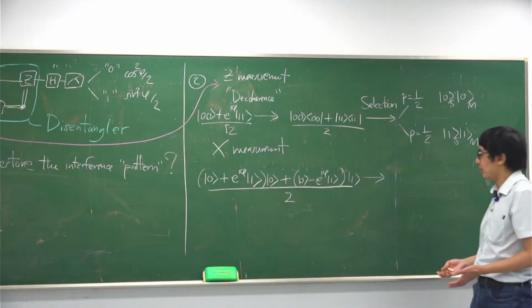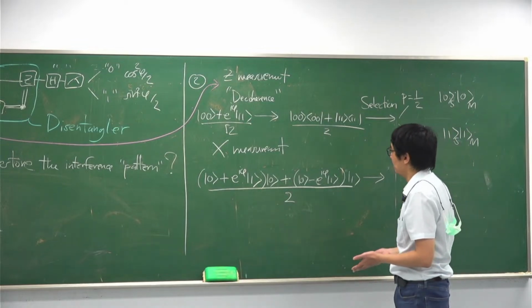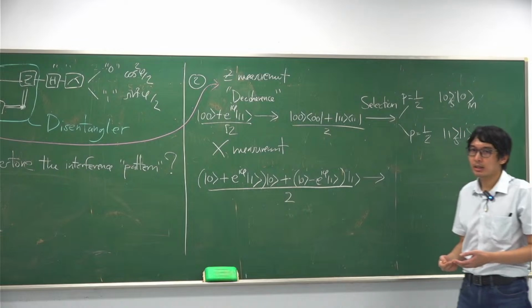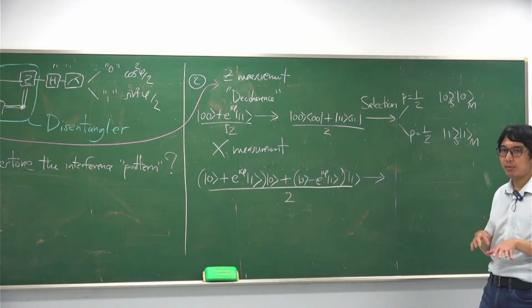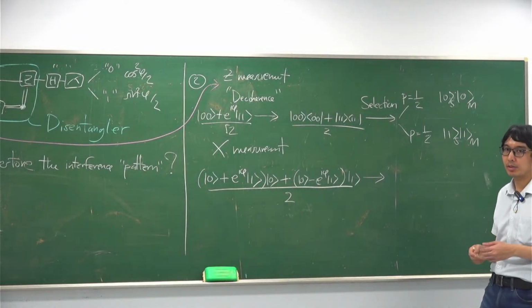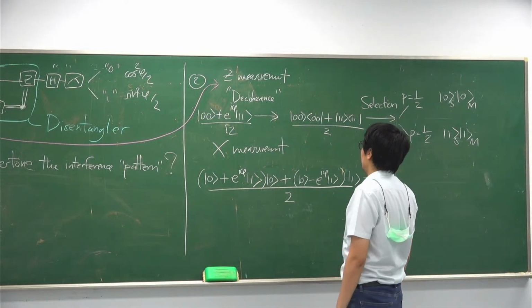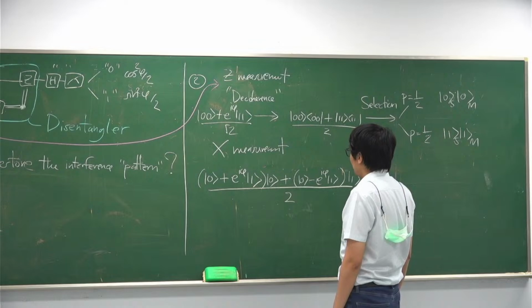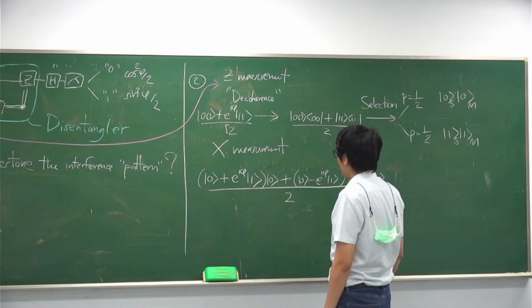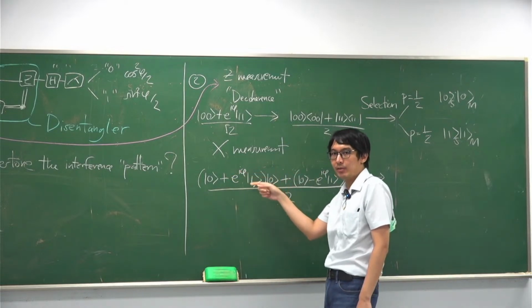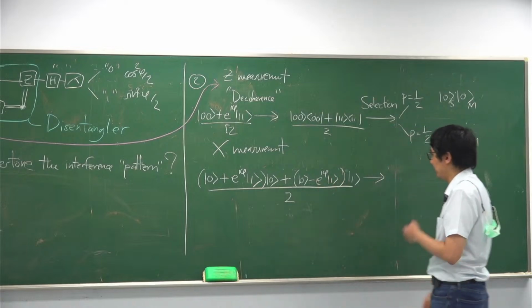Now, what happens if I decohere this, if I turn this into a set of states with classical probabilities, a classical ensemble? Well, I would find the first term with probability 1/2 and the second with probability 1/2 also.